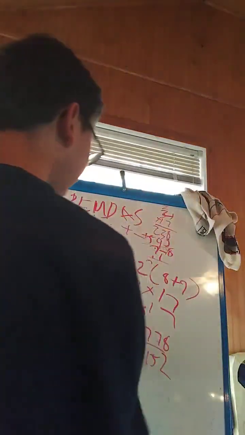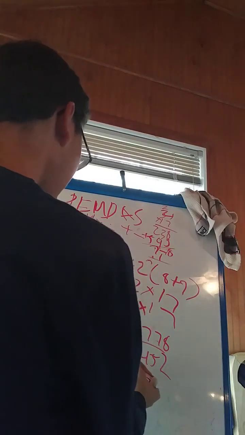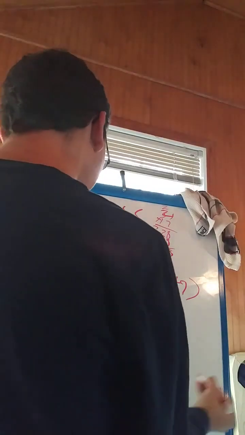Okay, this is ridiculous. Okay, 778. And then we have this answer, so that equals 26452. Then we drop down 3 plus 25, and then we have this left.